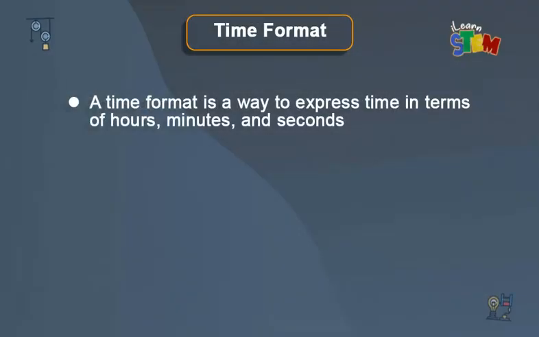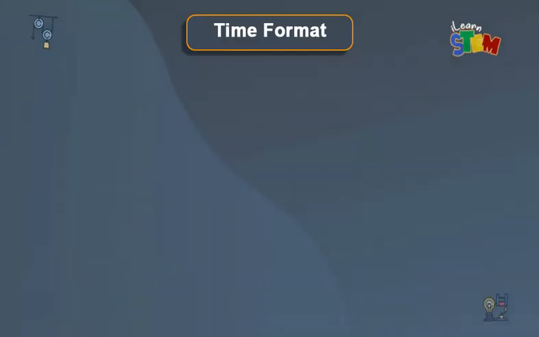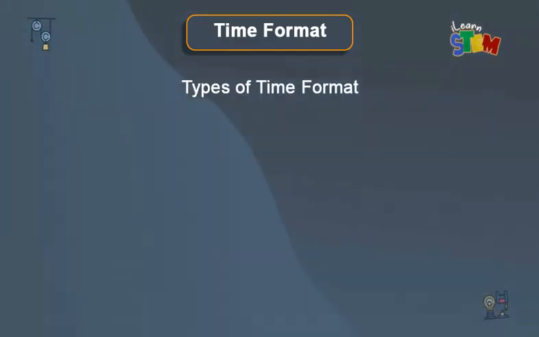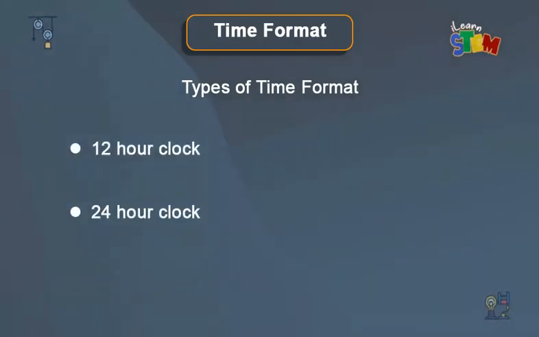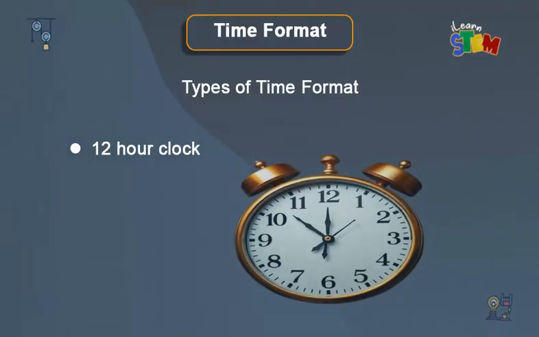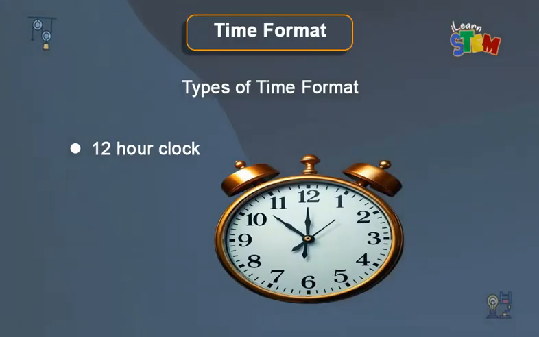A time format is a way to express time in terms of hours, minutes, and seconds. There are several types of time format, but we'll focus on the two most commonly used: the 12-hour clock and the 24-hour clock. The 12-hour clock is the most widely used timekeeping system in everyday life. It divides the day into two 12-hour periods.